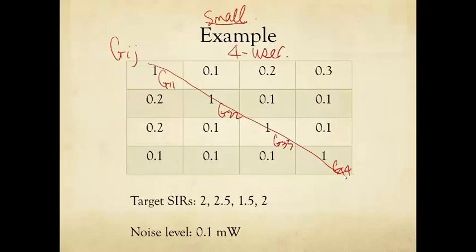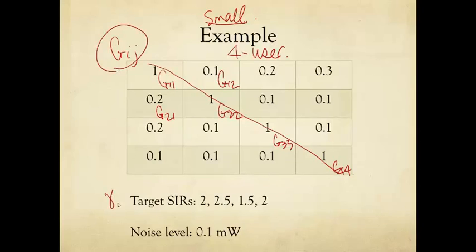And then the Gijs are smaller because of the help of spreading code for the Giis. And G12 in general may not be equal to G21. Okay, so this is G12, this is G21. All right, now these are the given parameters depicting the channel conditions for both the direct channels and the interference channels.